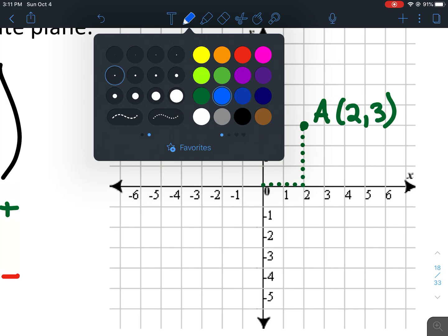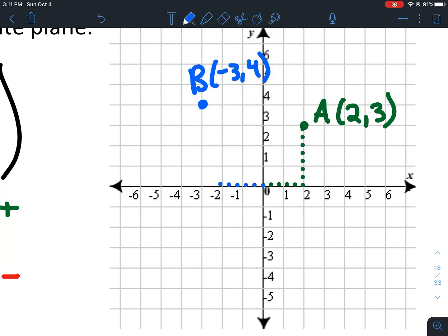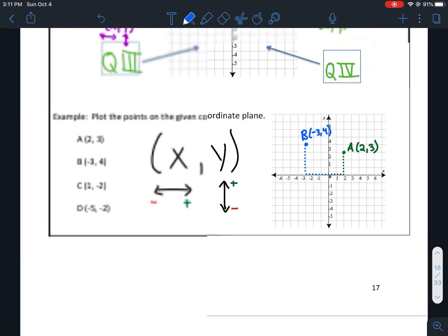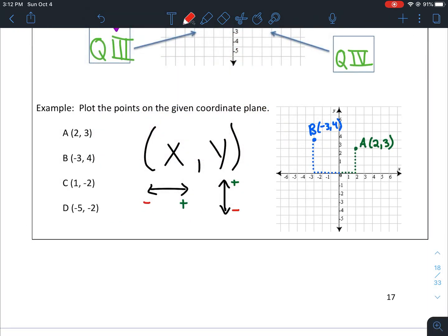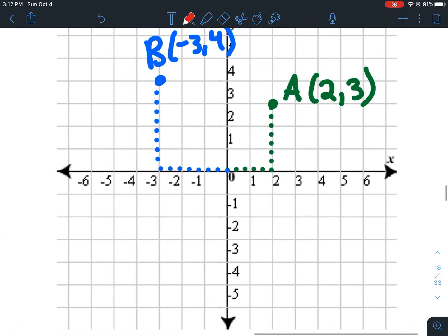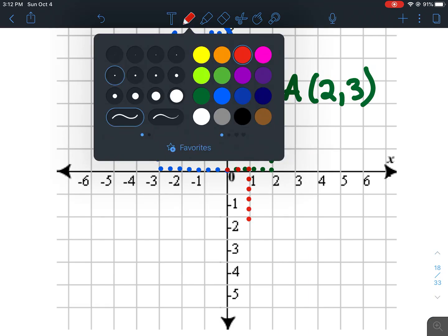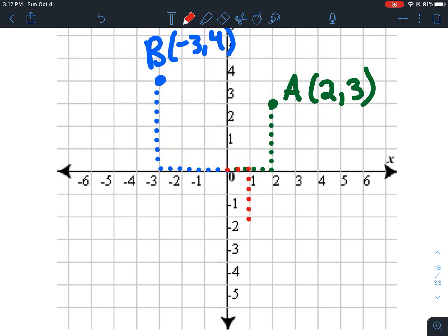Alright, so again, this is telling you to go left 3, up 4. Point C is (1, -2). So you go to the right 1, down 2, and that's going to be point C right there.